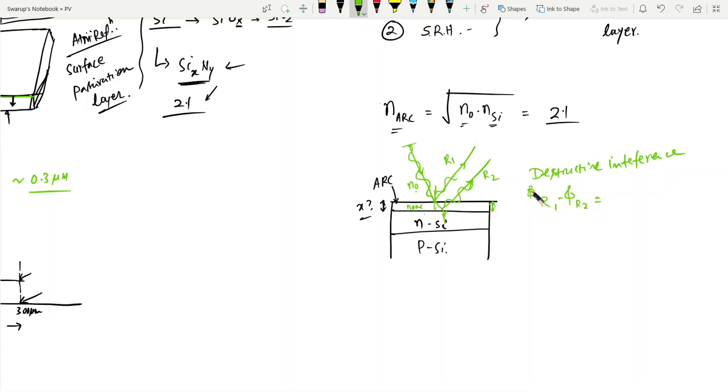Anyone? For destructive interference, what should be the phase difference between these two? 5/2. Close but not correct. For destructive interference. For constructive interference, how much?